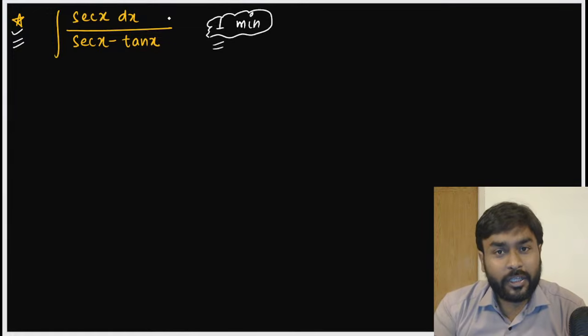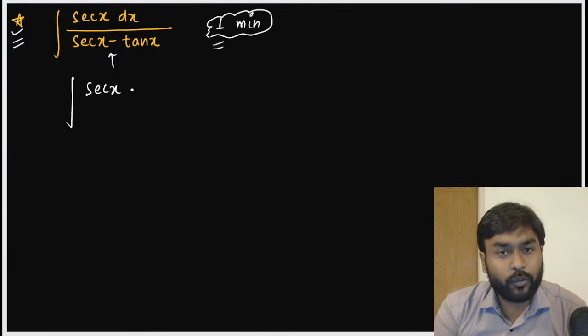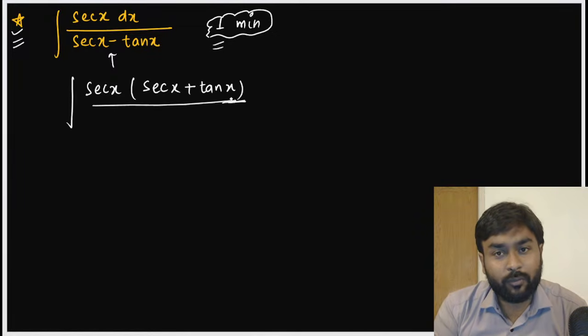Because when we apply the conjugate and multiply, what will it become? I will give you the idea, then I will move on to the second one. The idea is we will multiply and divide by secant x plus tan x. Then after that, this will be the numerator.